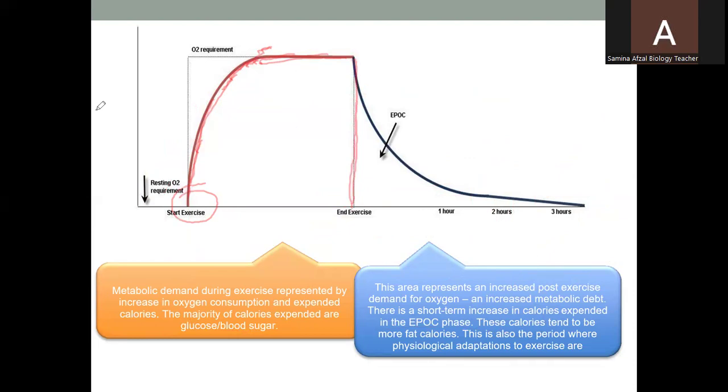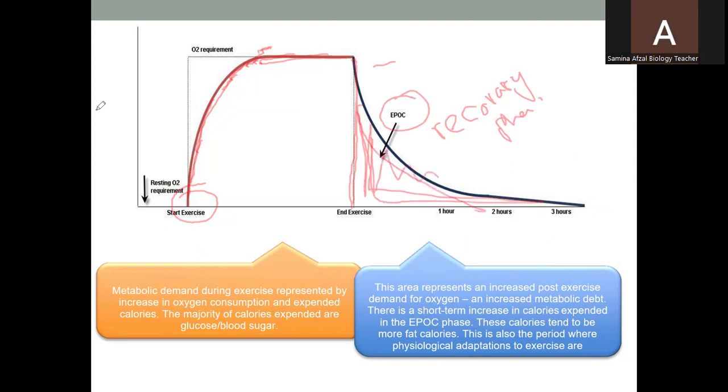The next phase is called the recovery phase, or you can say EPOC. What is this? There is a short-term increase in calories expended in the EPOC phase. This is the EPOC phase.